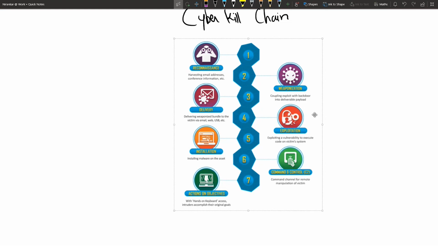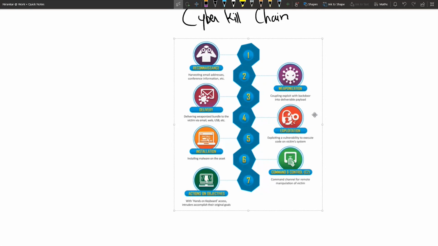Then we have exploitation. Once the virus or payload has been sent to the machine, we'll exploit a vulnerability by executing code on the victim system. Then the installation. Once the virus has exploited, we'll have the access of the system, so we'll install the malwares, multiple different things that we want. And then we will go for command and control.